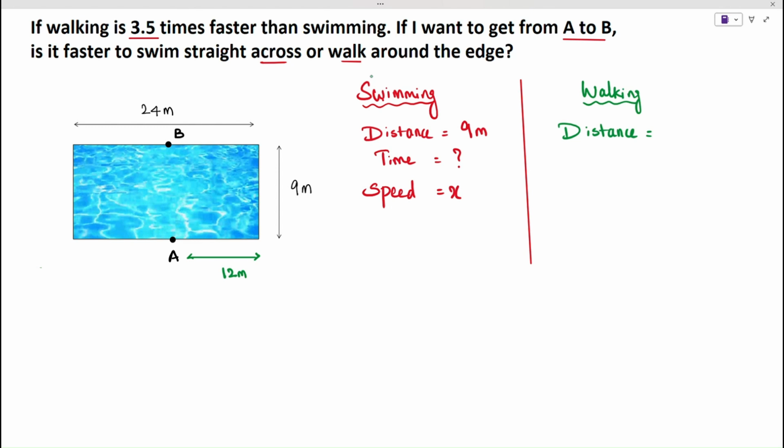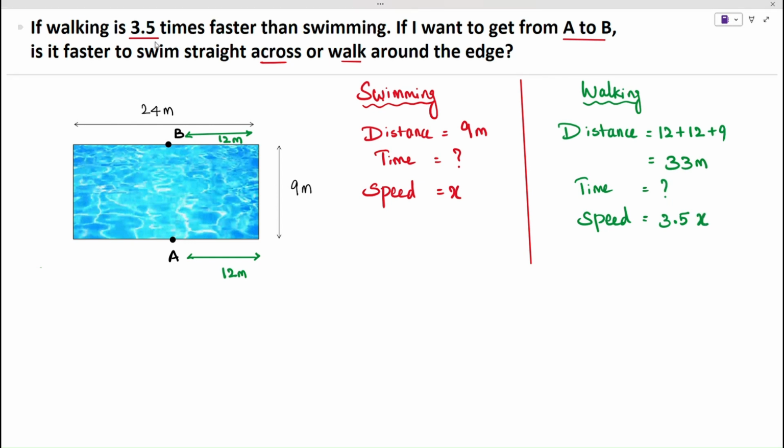Then we add 9 from that distance, and then we add another 12 to get to B. So if we do 12 plus 12 plus 9, we get our distance as 33 meters. We don't know the time. And we have our speed here as 3.5 times faster than swimming, so we can have speed as 3.5x.